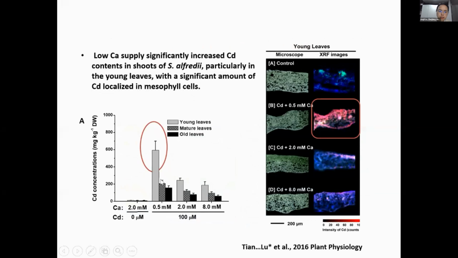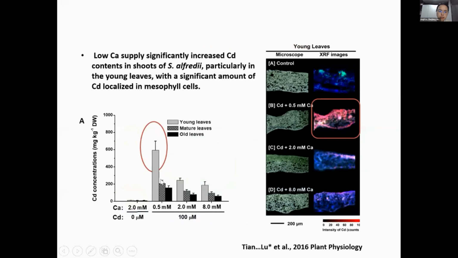And also we found that an extremely high cadmium was localized in the phloem tissues under calcium deficiency. So from these results, we can see that calcium deficiency can trigger phloem remobilization of the cadmium in this plant species.